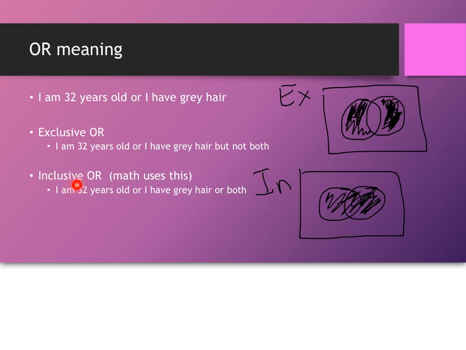So notice that the inclusive includes the intersection. It includes both. Exclusive, well, we exclude the intersection. That's what it's really talking about. We exclude both. In mathematics, we always use the inclusive or.